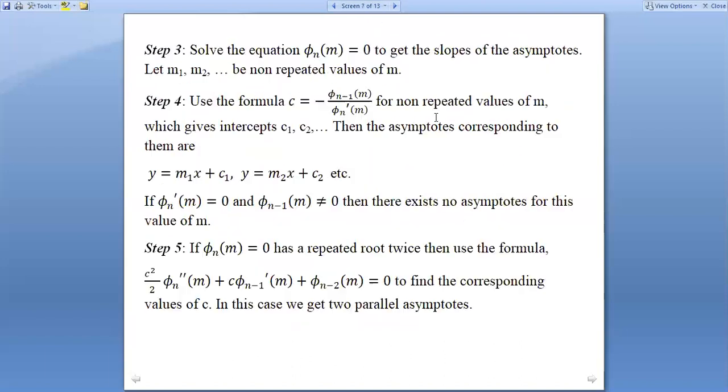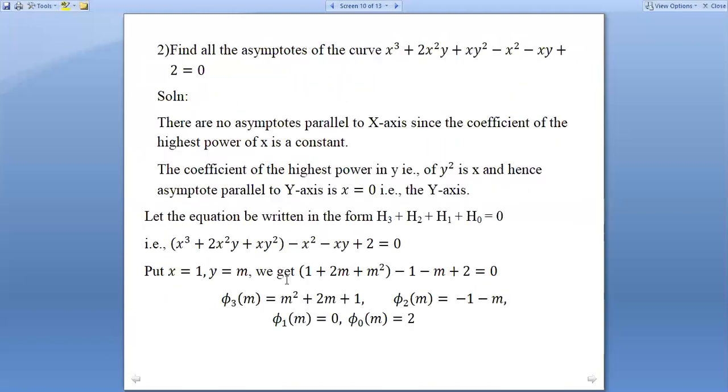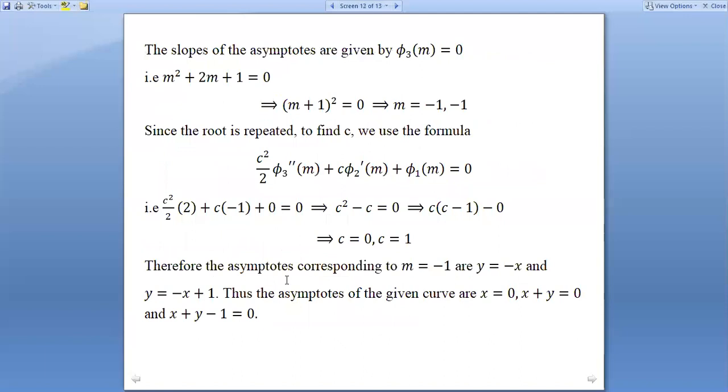So we have this formula only when the roots are not repeated. Suppose the roots are repeated, then you have to use step 5, this formula. Since the root is repeated, to find c, we use this formula: c square by 2 phi3 double dash of m plus c into phi2 dash of m plus phi1 of m is equal to 0.